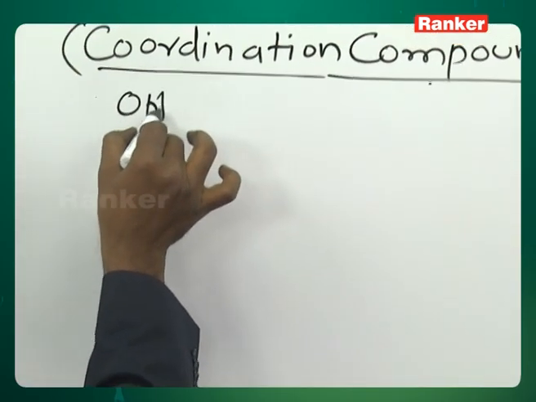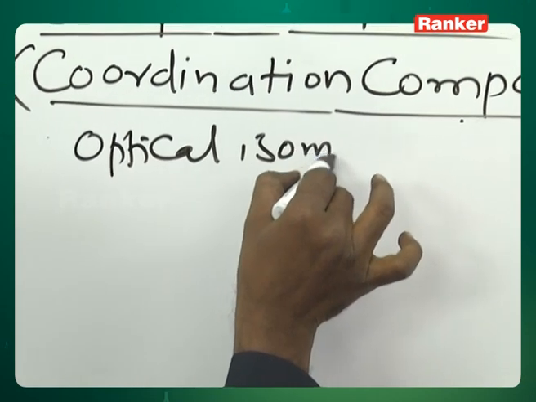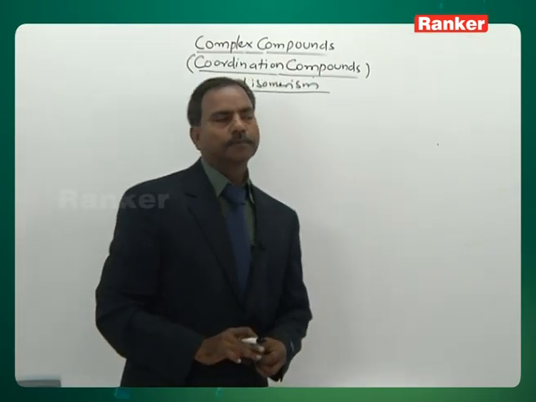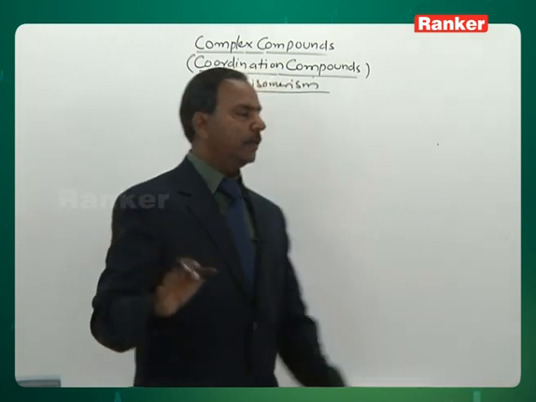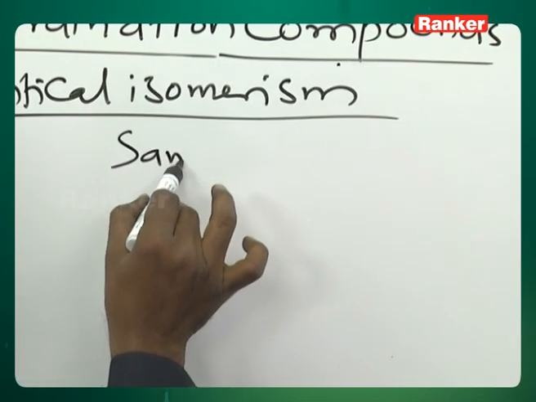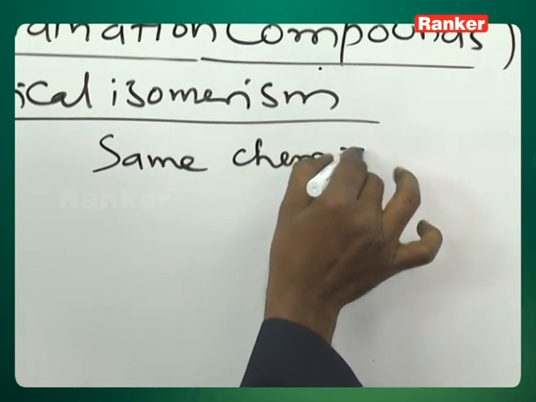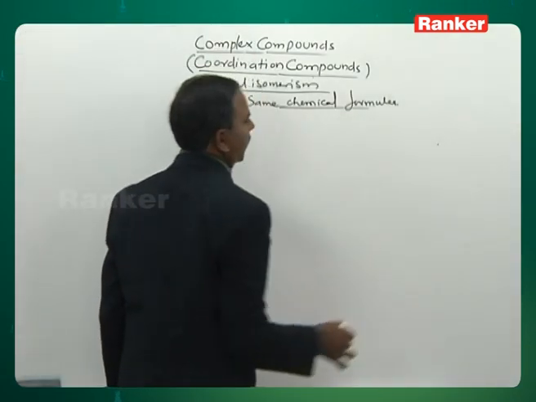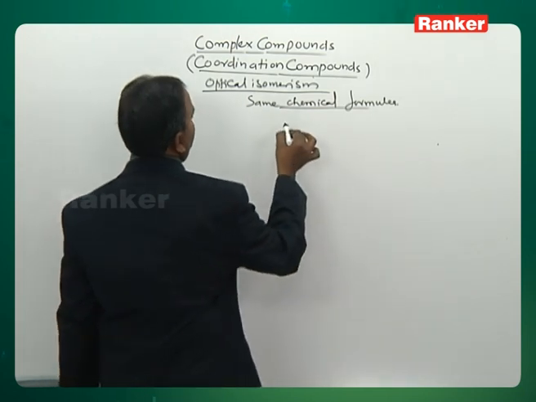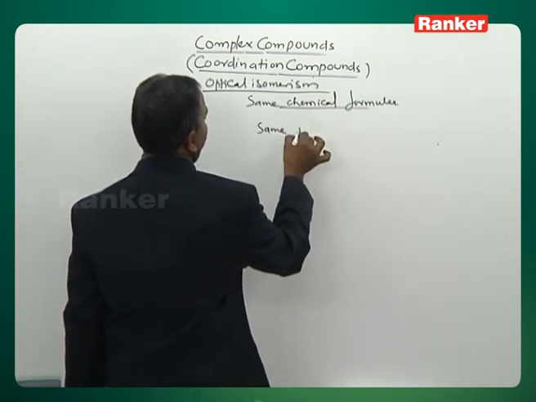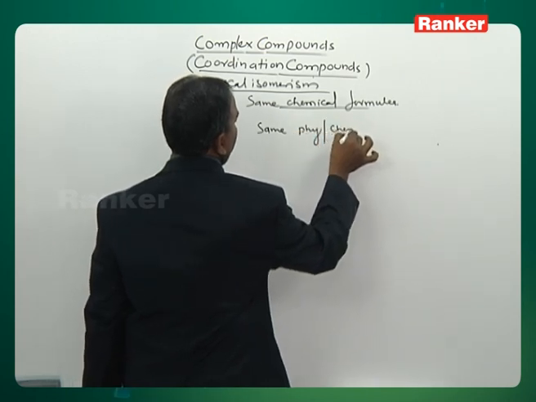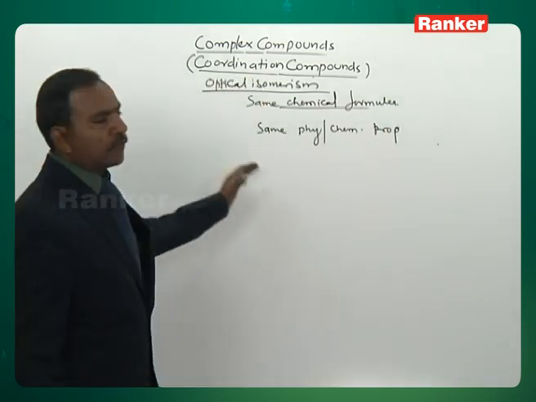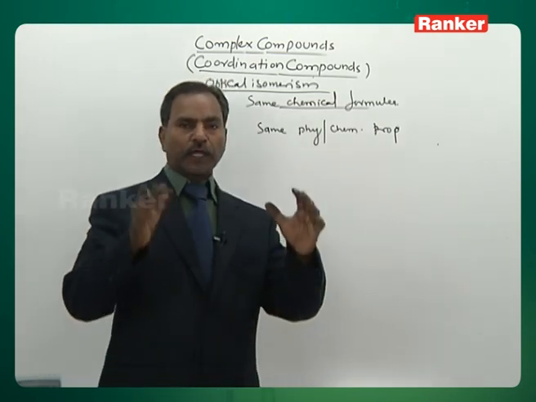Optical isomerism. Look here, the complex compounds have the same chemical formulae, the same physical and chemical properties, and they differ in their optical properties.